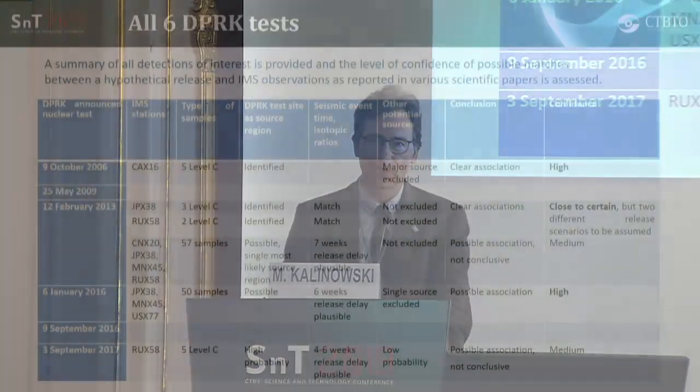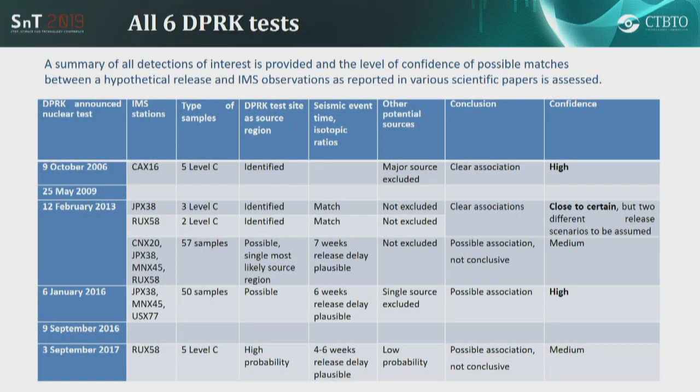This table summarizes all 6 tests. So you have the dates of the tests on the left side. You have the IMS stations that saw some signals. You'd see which kind of signals these are, then some indicators, and basically what we should look at, conclusion and the confidence of this conclusion. So for the 2006 test and the 2013, there was a clear association.